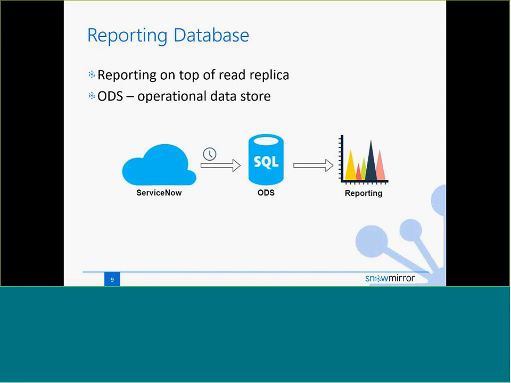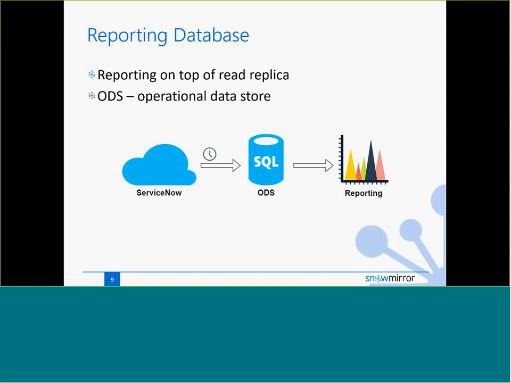Now, if you want to build reports on top of the ServiceNow data, you can have two approaches, and what we see with our users, they are, I would say, equal. Either you've got this operational data store or reporting database, and you build the reports directly on top of this database. So imagine this reporting solution is Tableau, and the ODS is the SnowMirror database.